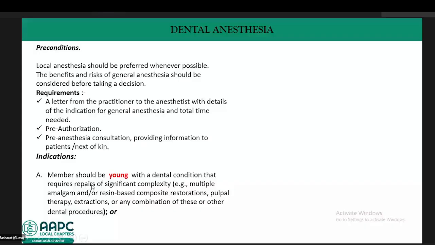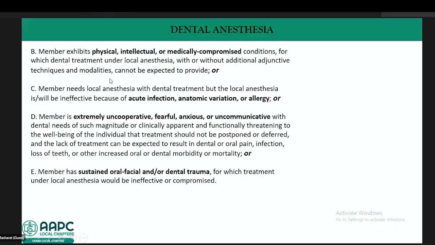For these GA cases, you can bill for the anesthesia. Also, the member may be physically, mentally, intellectually or medically compromised. So for the GA cases we are using this anesthesia code, and these are the codes we are giving for anesthesia.